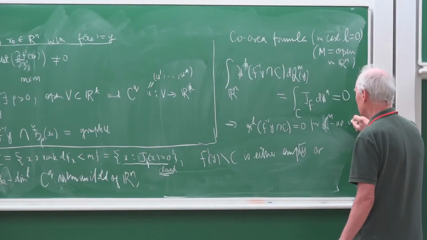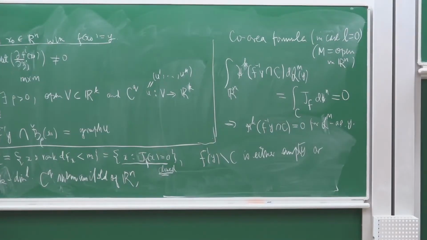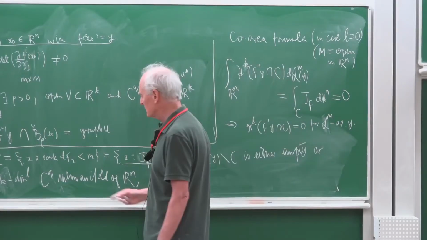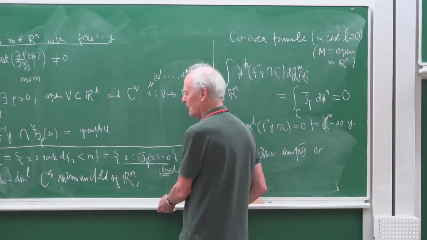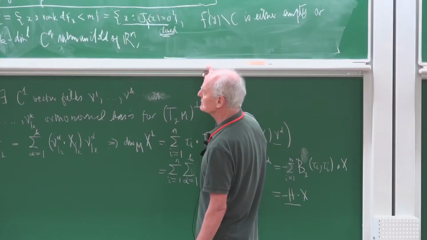So this closed set C that we're worried about, which causes us not to get a submanifold, in any case has k-dimensional measure 0.